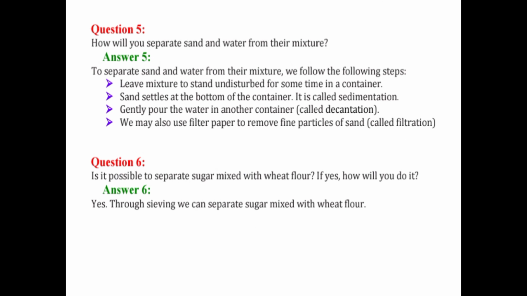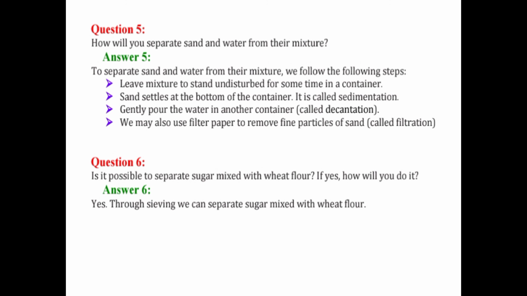Then there is question number 5. How will you separate sand and water from their mixture? We take some steps. First, we leave the mixture of sand and water undisturbed for some time in a container.